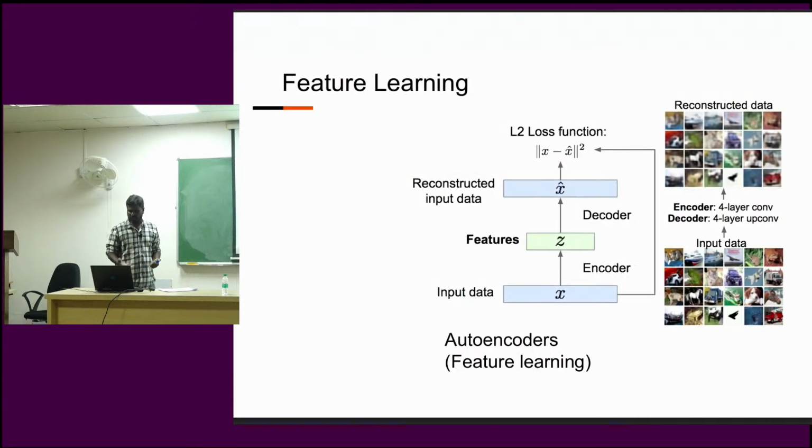Similarly, the same thing you can see with the autoencoder. The autoencoder also does the same function, but the difference between the autoencoder and PCA is that the autoencoder does a nonlinear transformation, but PCA does a linear transformation. Both do the same thing, but the autoencoder has an extra block here.